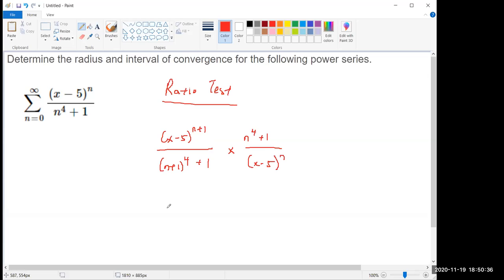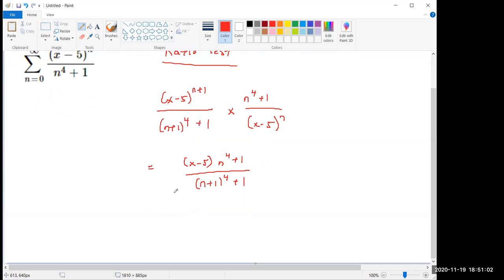Simplifying this, we get just x minus 5 on top times n to the 4th plus 1 over (n plus 1) to the 4th plus 1. Okay, now we need to take the absolute value, and then we need to take the limit.